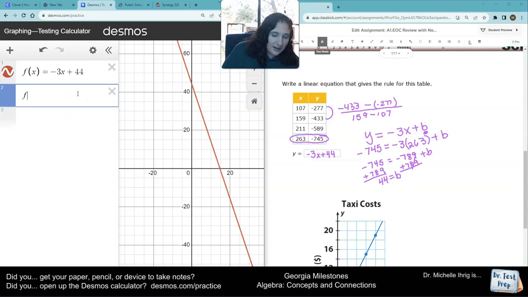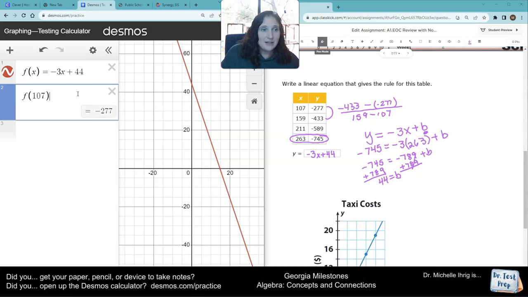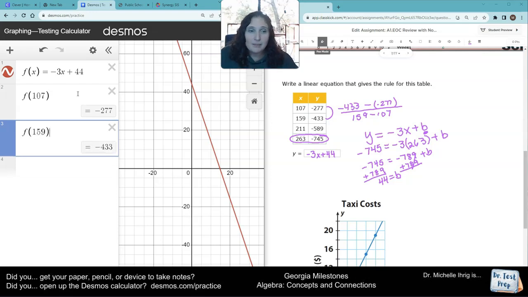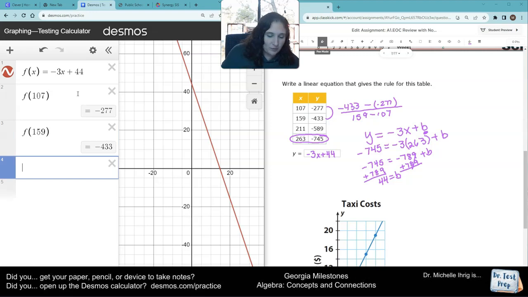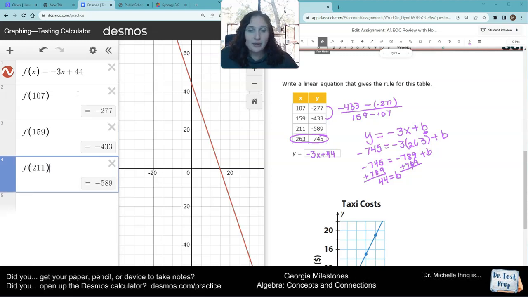I'm going to type in f of 107, and if I did it right, I should get negative 277, which I did. If I do f of 159 as my input, my output is negative 433. If I do f of 211 as my input, my output is negative 589.